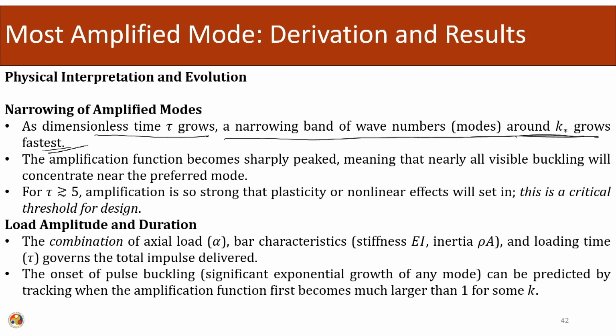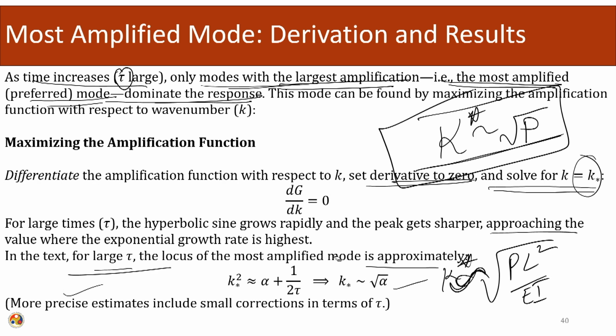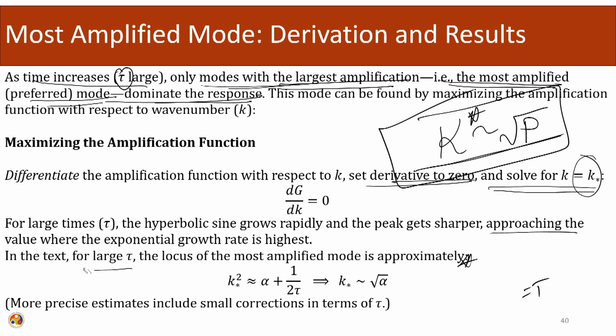What is happening here is that as the time becomes larger, the hyperbolic sine function grows rapidly and the peak gets sharper and sharper. This will occur at the values where the exponential growth rate is the highest.